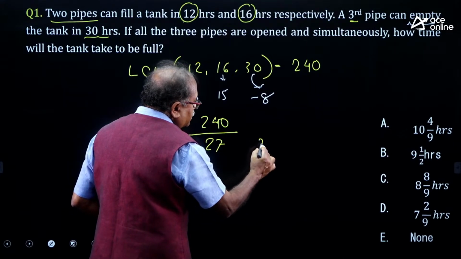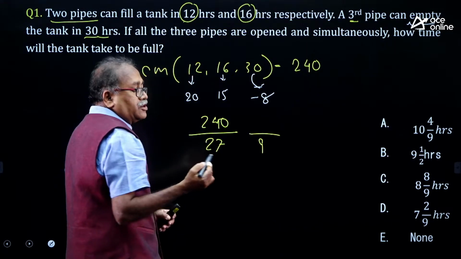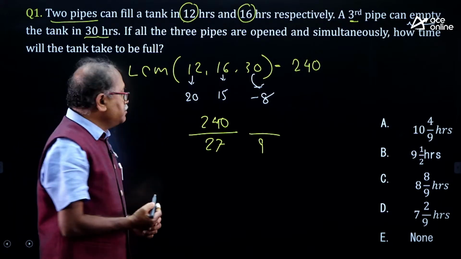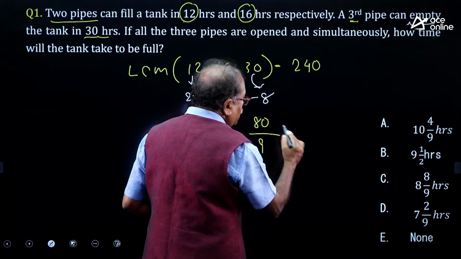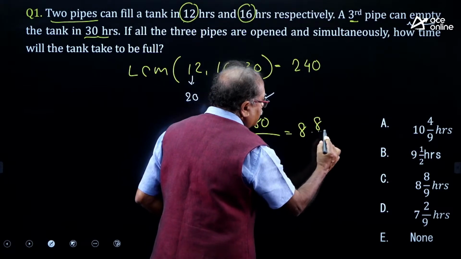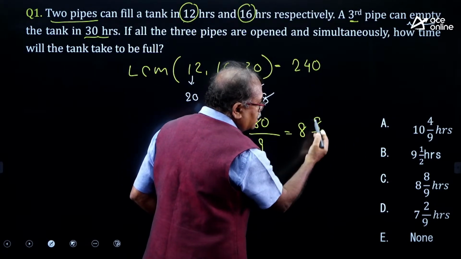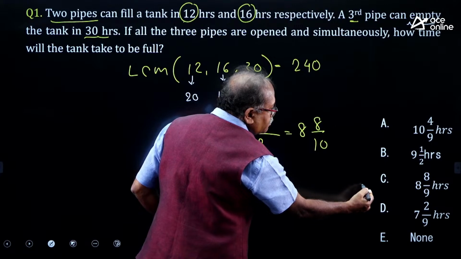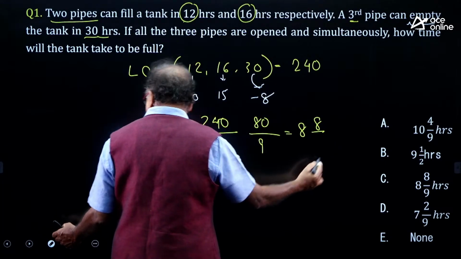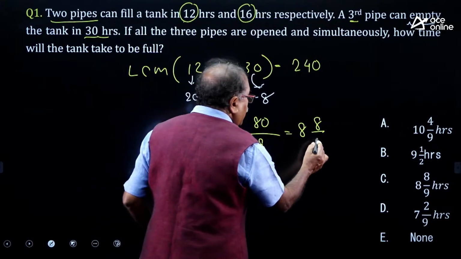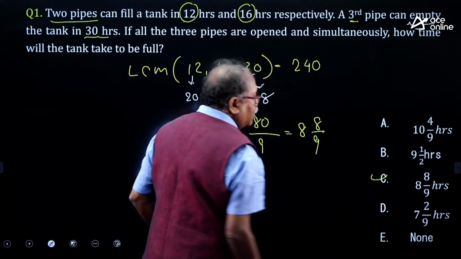With 9 it gets cancelled 3 times, with 3 it gets cancelled 9 times, and with 3 this gets cancelled 80 times. So it is 8 by 9, and that is your answer, option C.